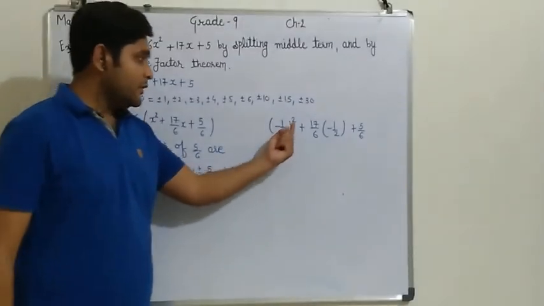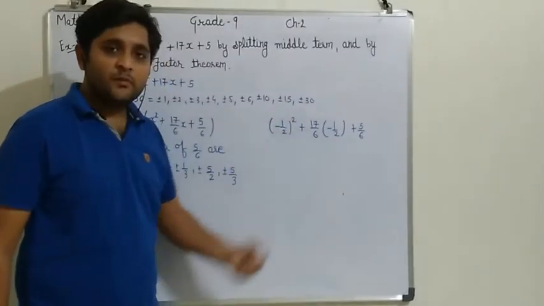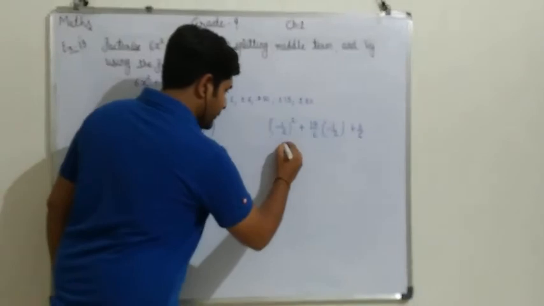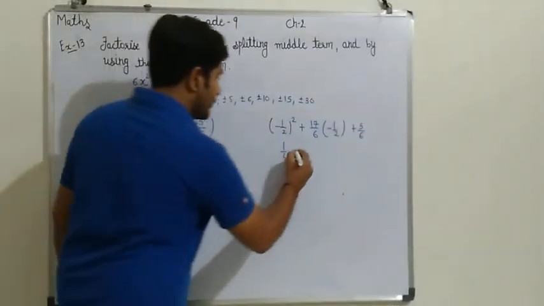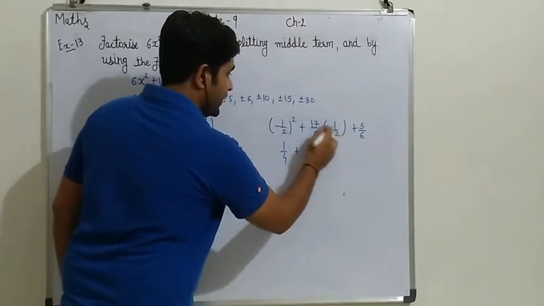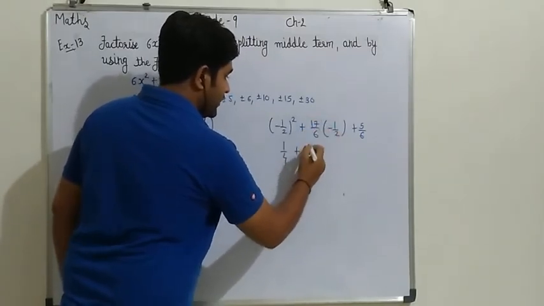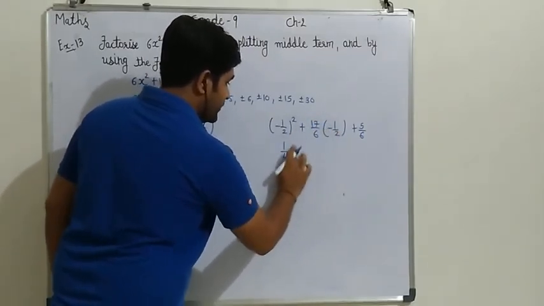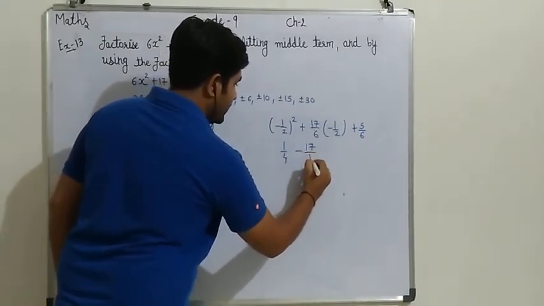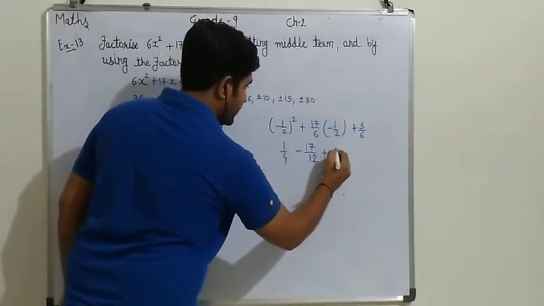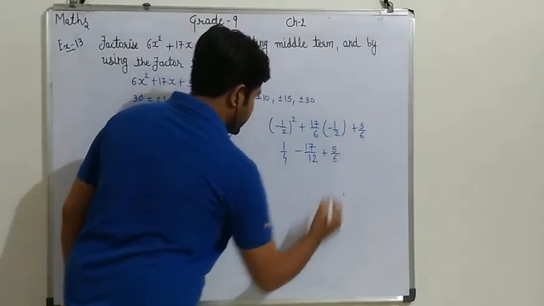The square is there, so 1 by 4 is positive because the power is even. Then 17 by 6 times minus 1 by 2: we cannot cancel 2 with 17, so the sign becomes minus, 17 by 12, and here plus 5 by 6.